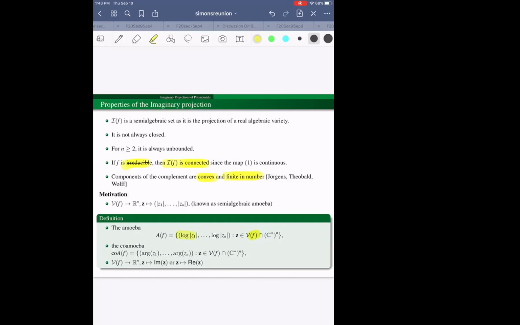And in our setup, we are interested in looking at imaginary projection. One can look at real projection as well, but it gives the same result. And if we stick to imaginary projection, then we can relate the results which are already known for stable polynomials.